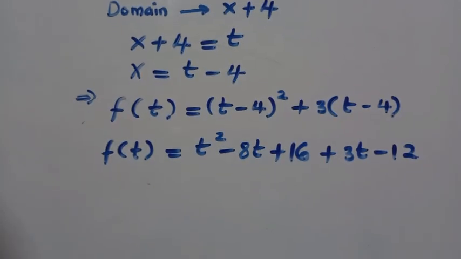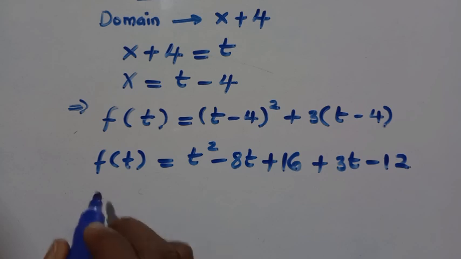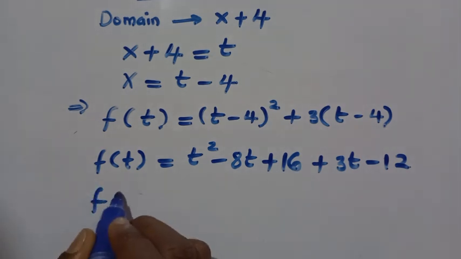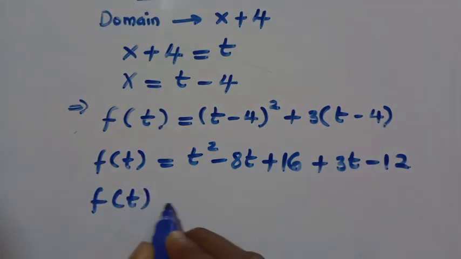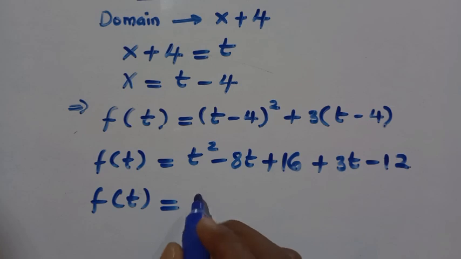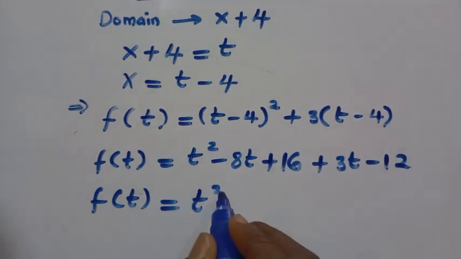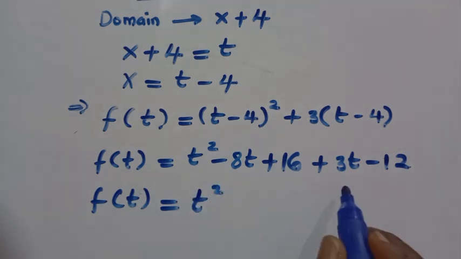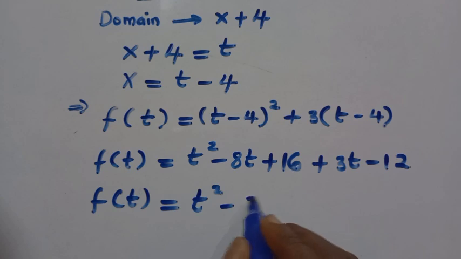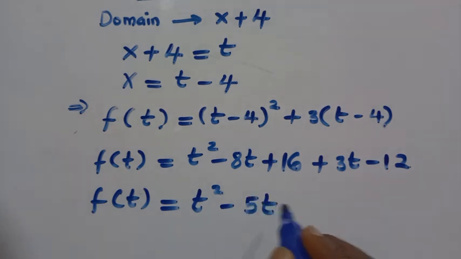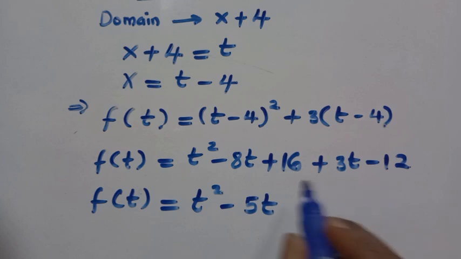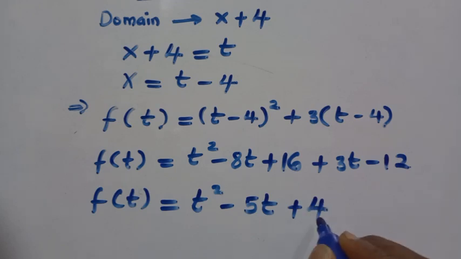Then from here we have f of t equals t squared, so minus 8t plus 3t, that is minus 5t, and here is 16 minus 12, that gives us plus 4.